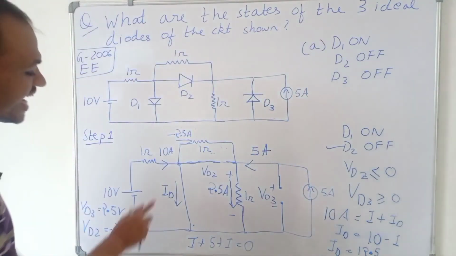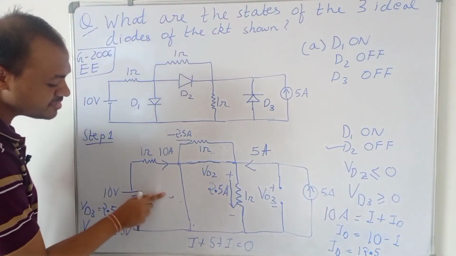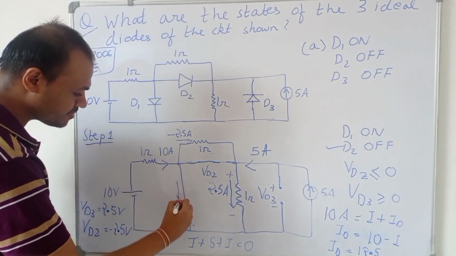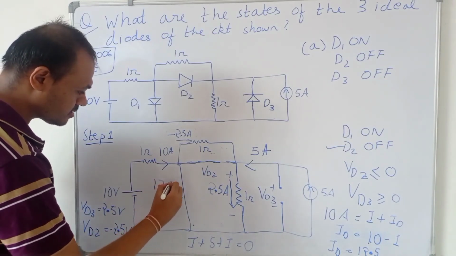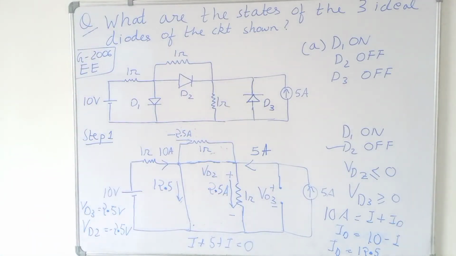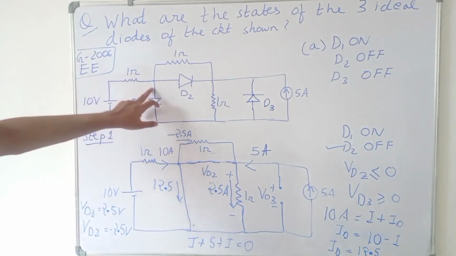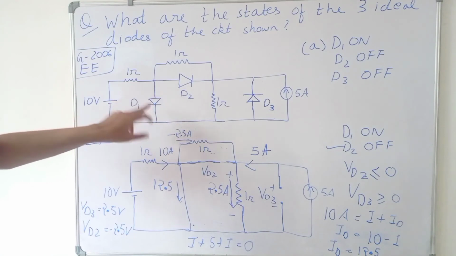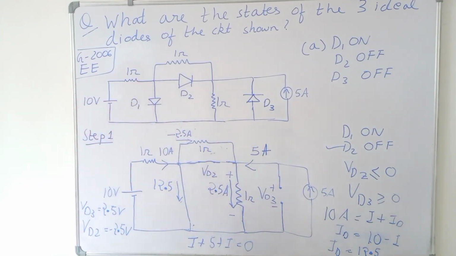So this current is 12.5 ampere. The current is flowing in this direction and the diode is also connected from P to N in this direction only. So the diode D1 is also on.